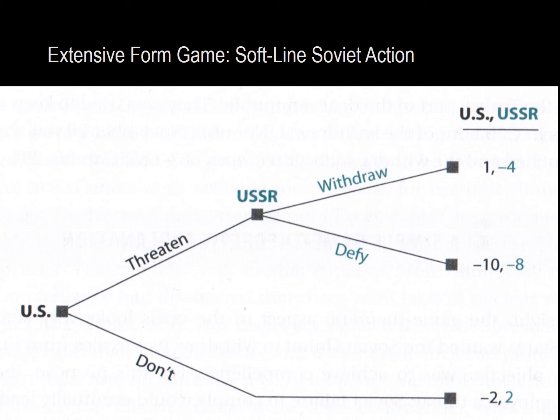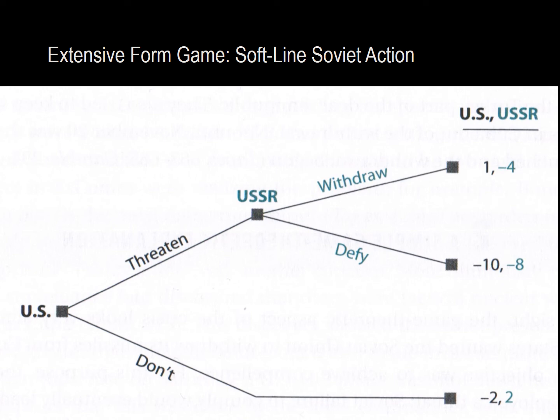So in this particular representation, we have an extensive form game. We have a soft line Soviet action. In other words, we have a Cuban Missile Crisis in which we assume in this particular form that the Soviet Union is not particularly aggressive. So as usual, the higher payoff is the better payoff. And you can see here the payoffs are color-coded.